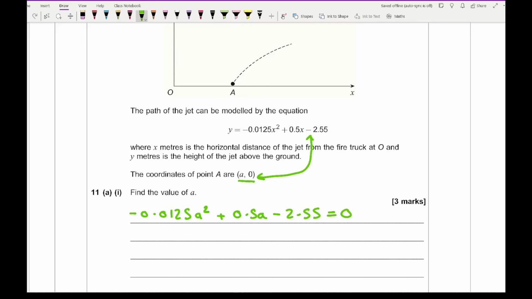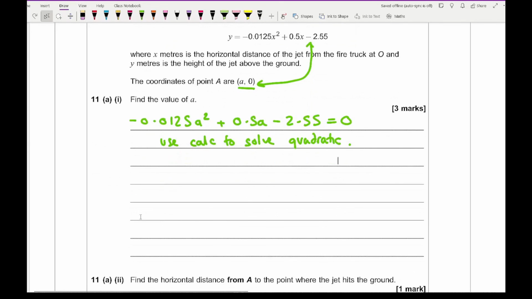Now this turns into a quadratic, so use the calculator to solve the quadratic, or use the quadratic formula if you don't have that feature on your calculator with you. But it does actually factorize.